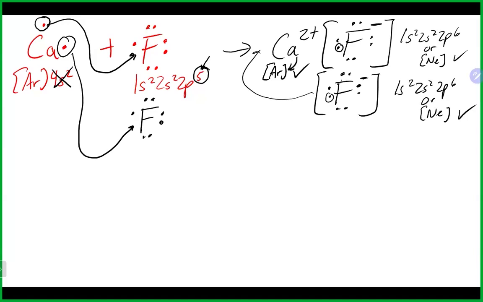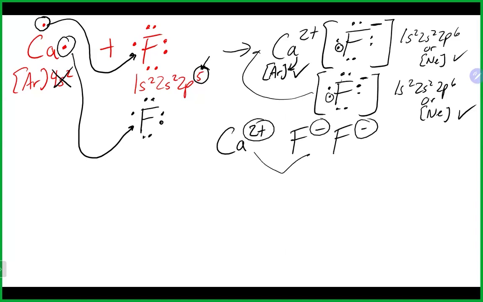Why is this important? It's important for what we were talking about with naming and all that. When I'm doing naming and writing formulas and I have a calcium with a +2 charge and a fluoride with a -1 charge, how many fluorides do I need to get me to that magical number of 0, right? When I add up the charge, the real reason you do that is this reason right here.